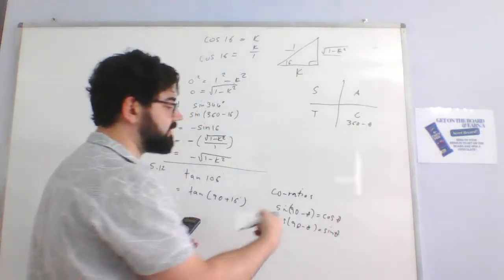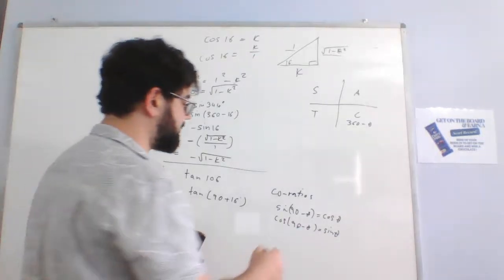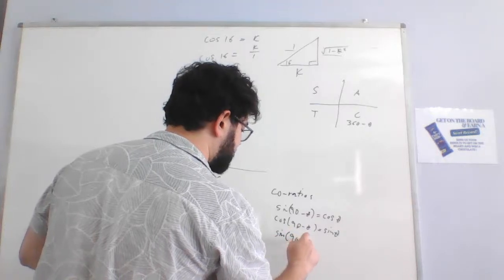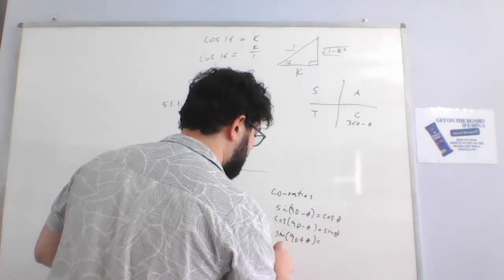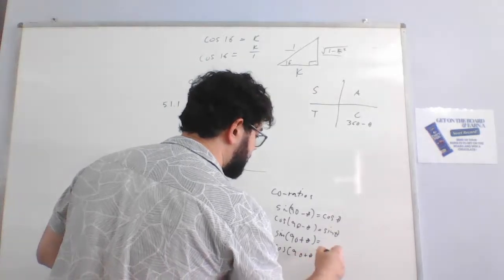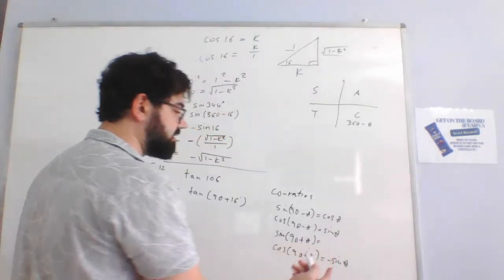And then sine of 90 plus theta is cos theta. Cos of 90 plus theta is negative sine theta. So don't forget about those two, the sine of 90 plus and cos of 90 plus. So this last one is negative, and we must remember that. And that's because in quadrant 2, cos is negative.